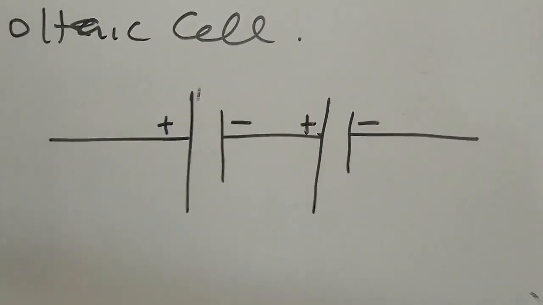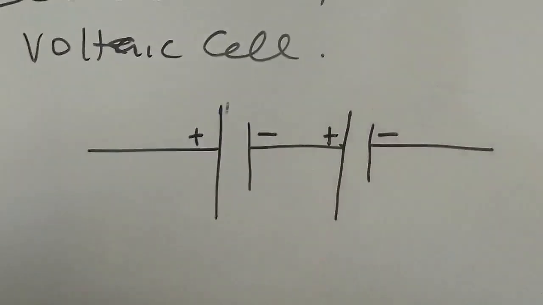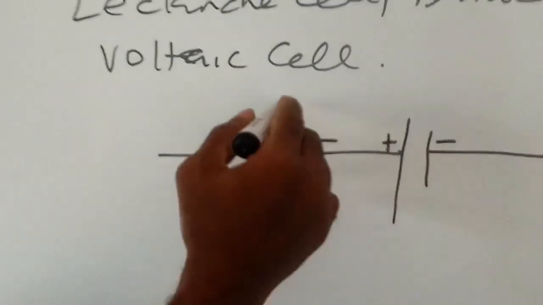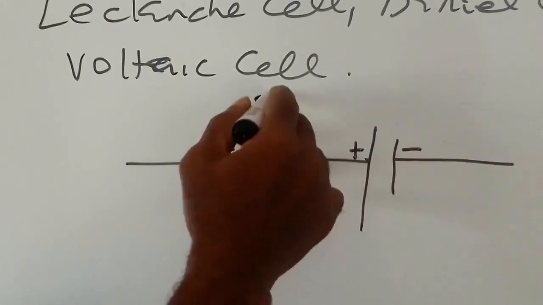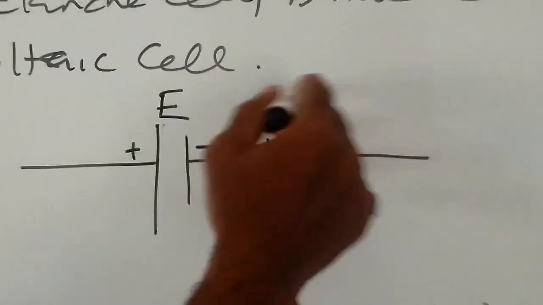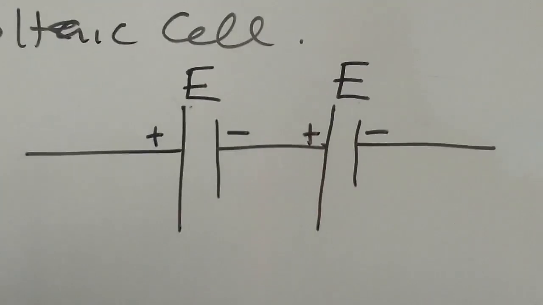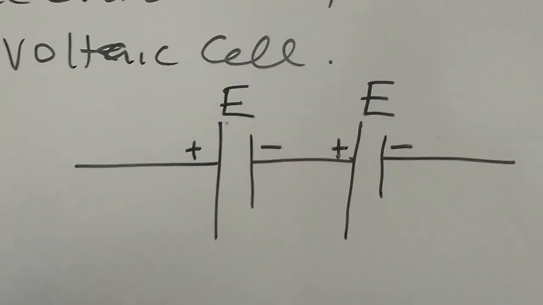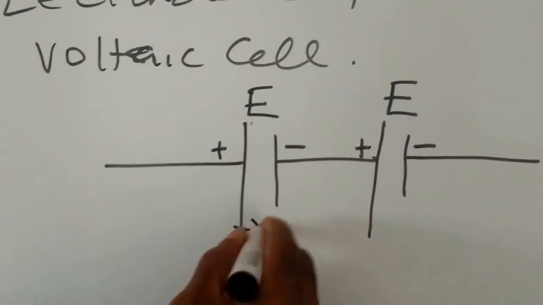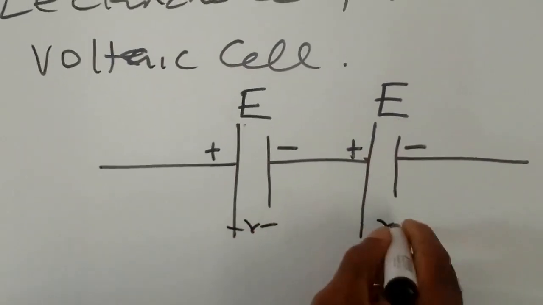Every cell in physics has a voltage called the electromotive force. The electromotive force in a cell. And also every cell possesses what we call internal resistance.